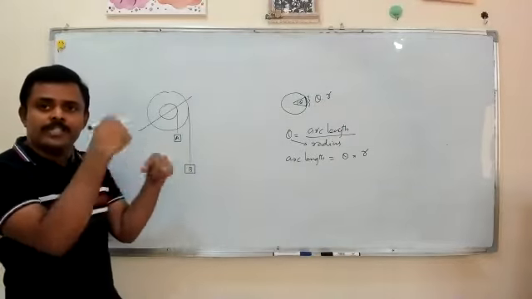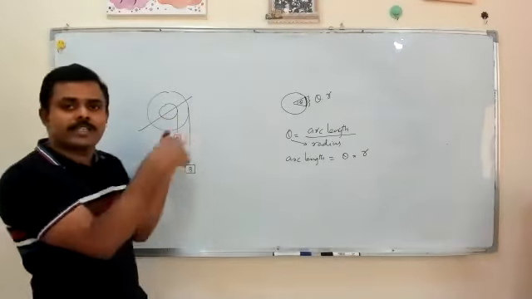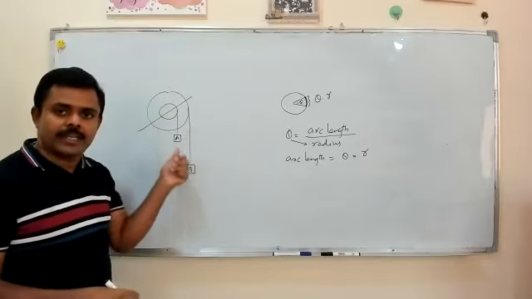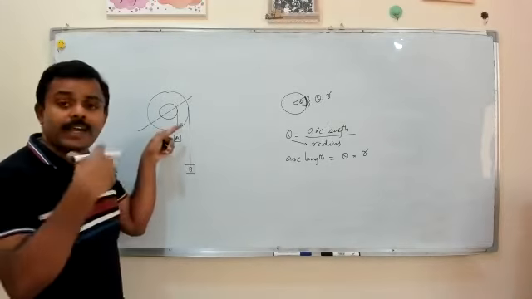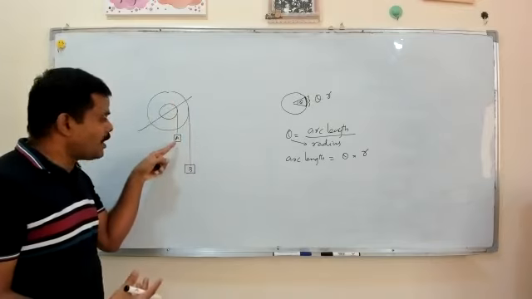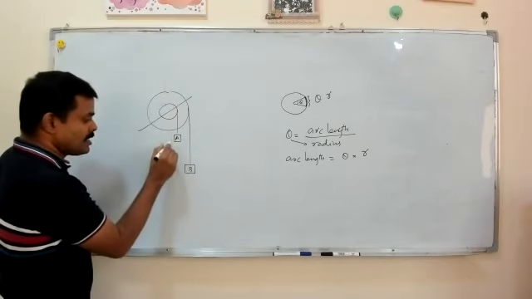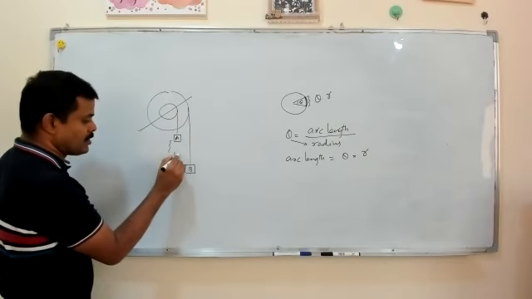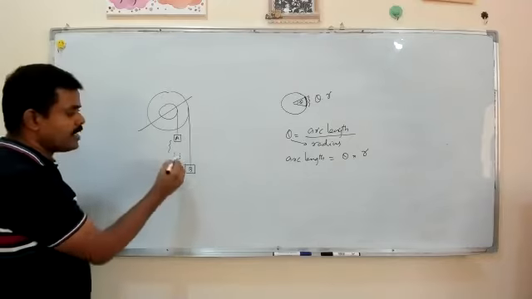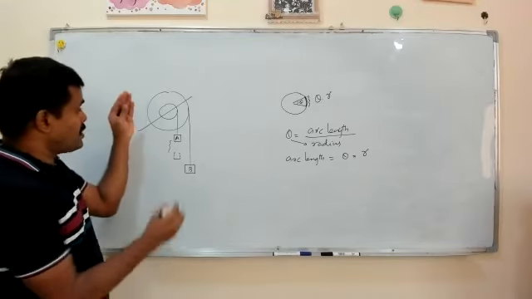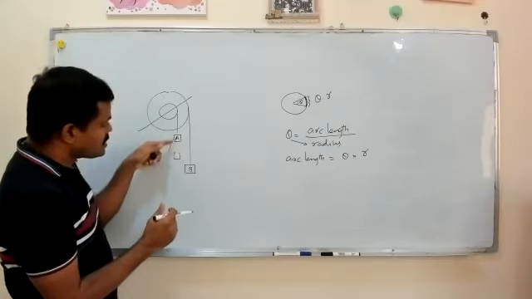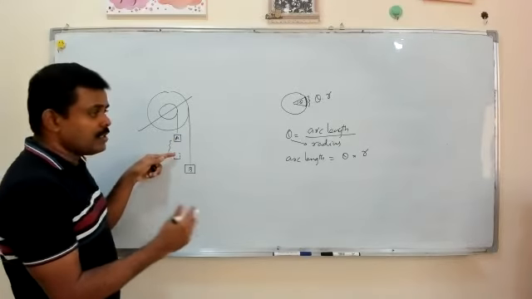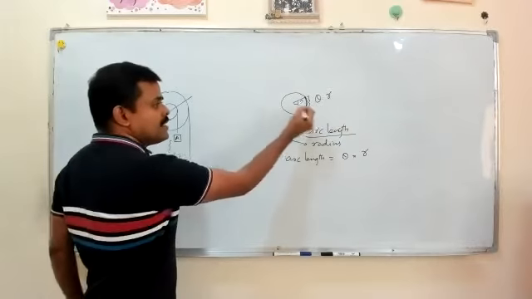Now what happens when the system rotates? The coil is unwinding, and the wire is coming down. When the wire comes down, the mass travels a distance. This is the new position of the mass. What will be that distance? If it turns through an angle theta, this distance traveled is the same as the distance covered here.